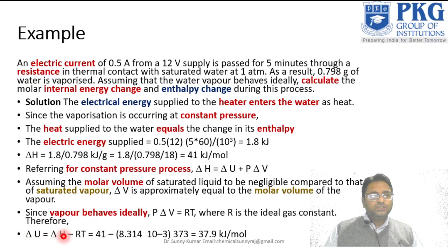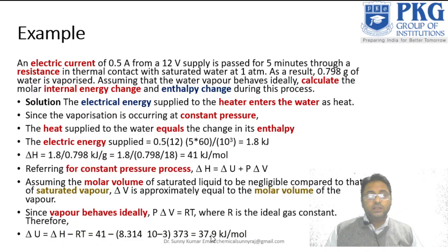So you can easily calculate the internal energy. The delta H we know is 41, and R is the gas constant, which is 8.314 into 10 to the power minus 3, and the temperature is also given here, which is 373, because it is vaporized at 100 degree centigrade, so it is 273 plus 100.